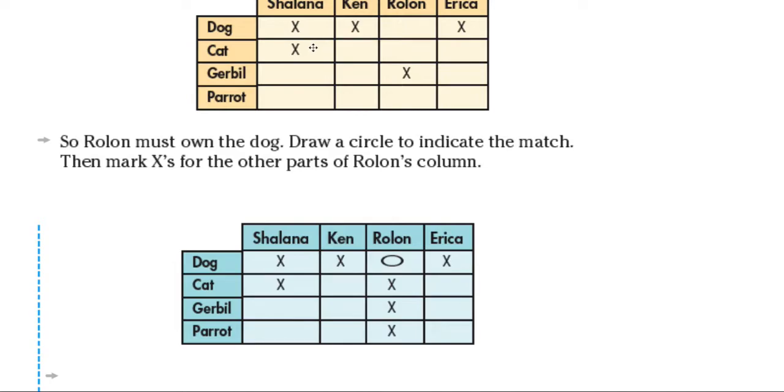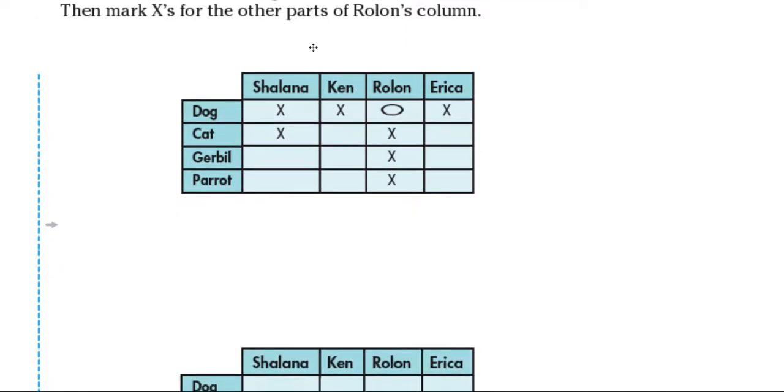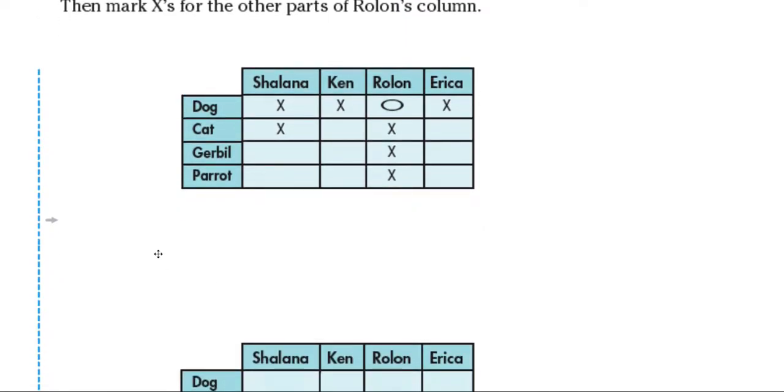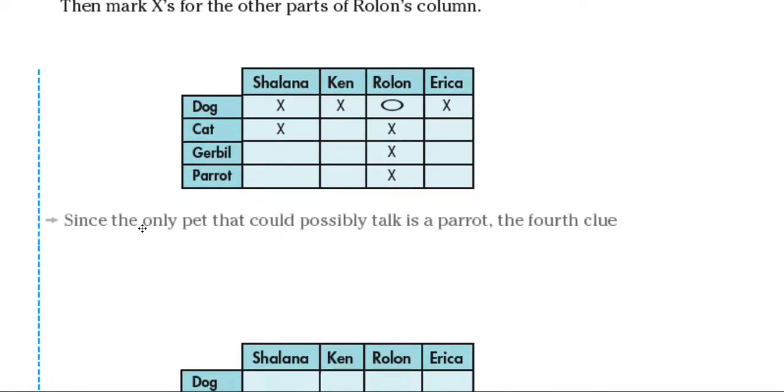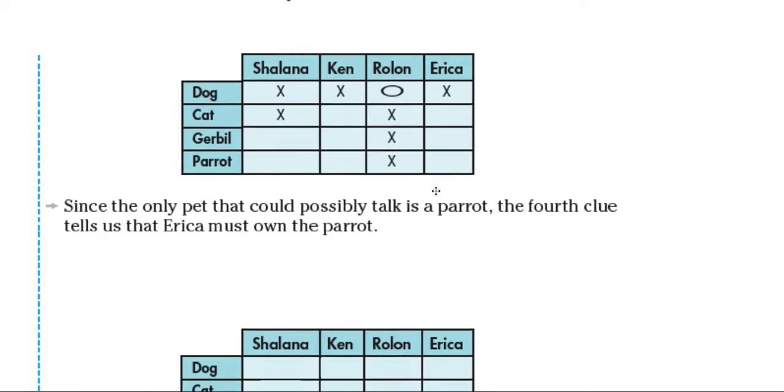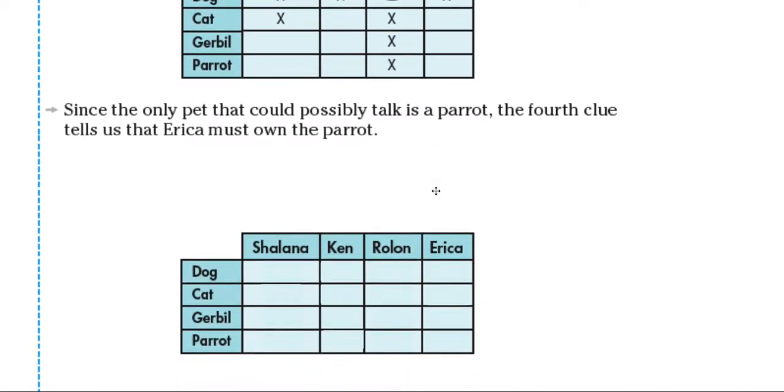Let's go on to the next clue and see what more we can eliminate. Since the only pet that could possibly talk is a parrot, the fourth clue tells us that Erica must own the parrot. So we put a circle on Erica right here.